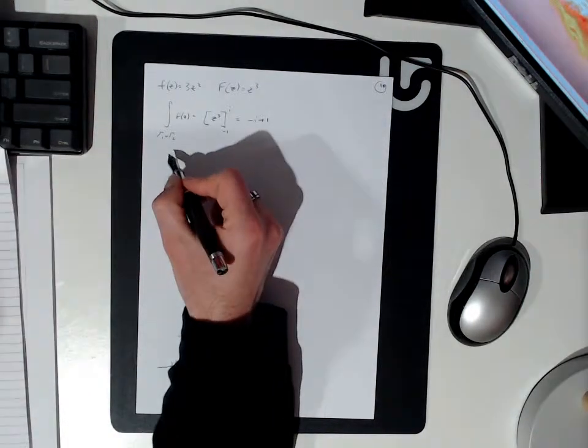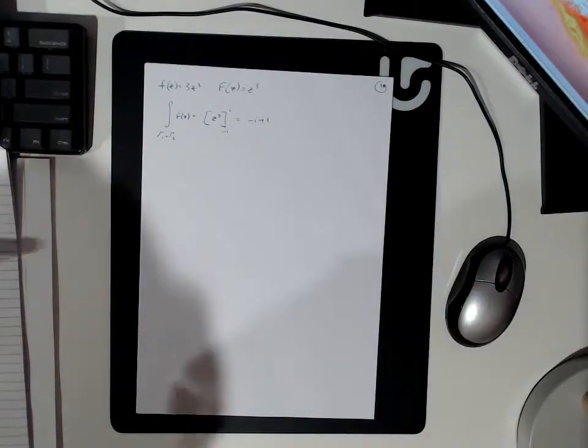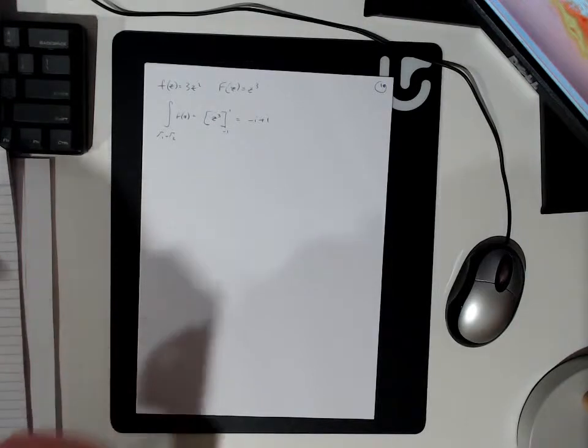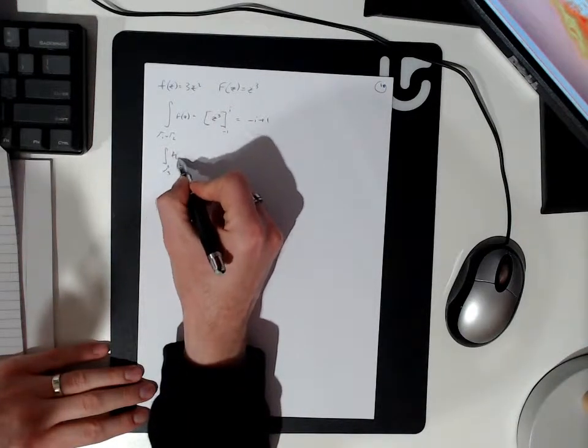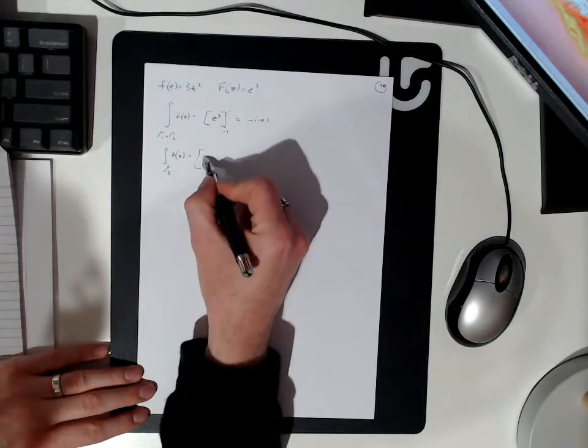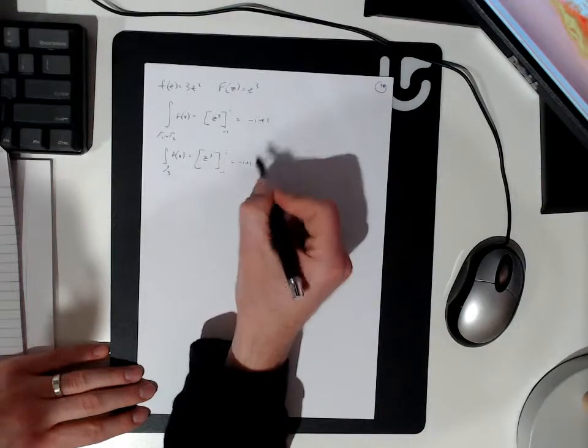Apologies, that's the phone. Right, so in particular, the theorem says that the integral over gamma 3 of f(z) is also equal to z cubed from minus 1 to i, which equals minus i plus 1.